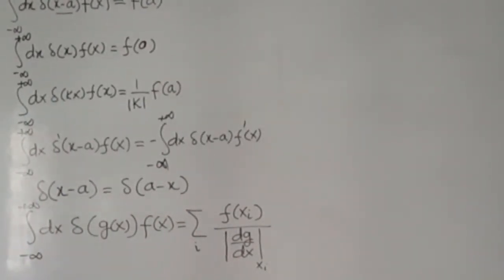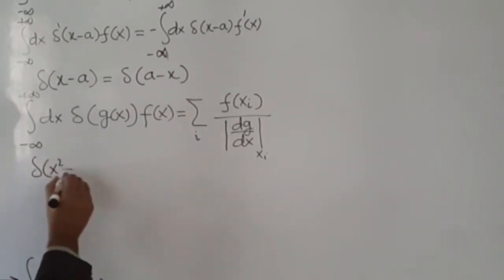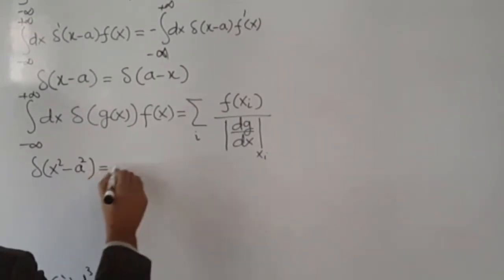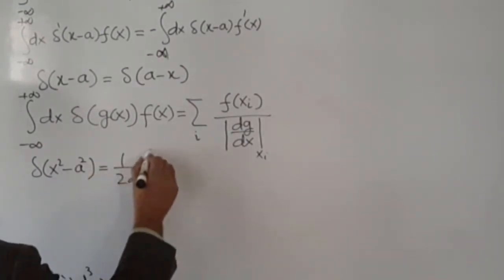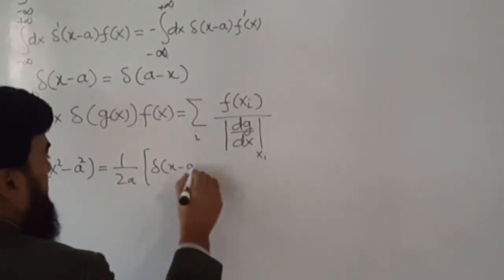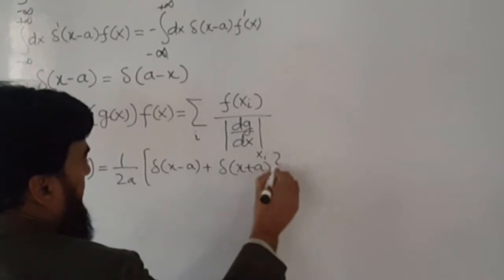We solved an example on this one as well. Then finally, from the example which we solved on this relation, we came to know that delta(x squared minus a squared) is equal to 1 over 2a, times delta(x minus a) plus delta(x plus a).